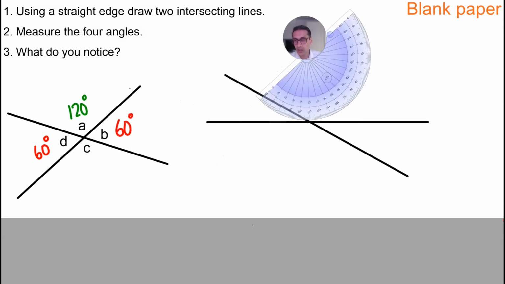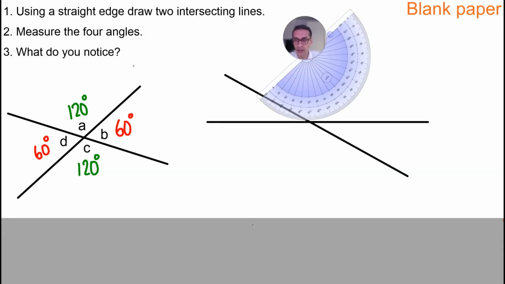degrees, and we know that because this is a straight line, this angle plus B has to add up to 180. So in this case, 180 minus 60 is going to give us 120. So that means that these opposite angles are equal to each other, and these opposite angles are equal to each other.